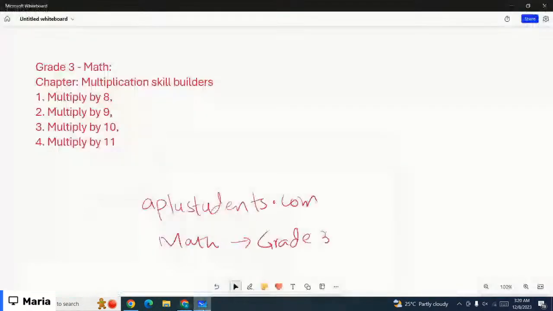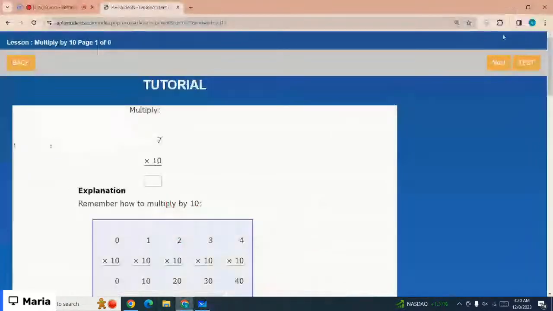For example, 10 times 8: 8 times 1 is 8 and you add a 0, right? So multiplying by 10 is very easy for all of you, isn't it? Okay, let's start with the practice questions then.